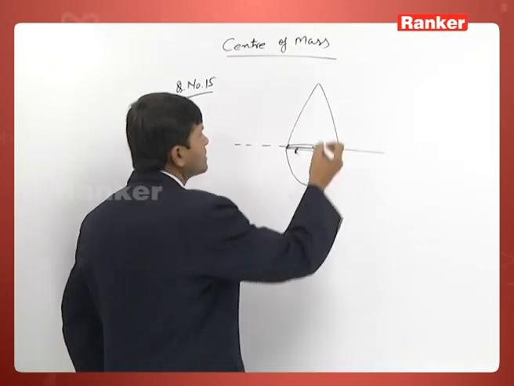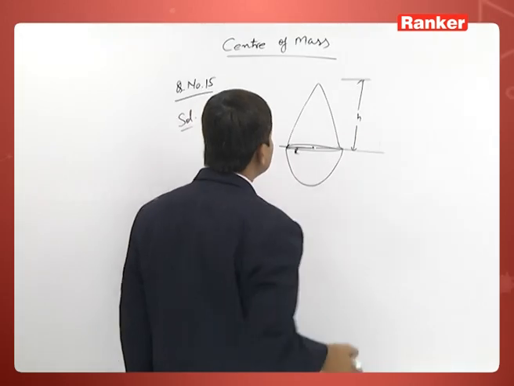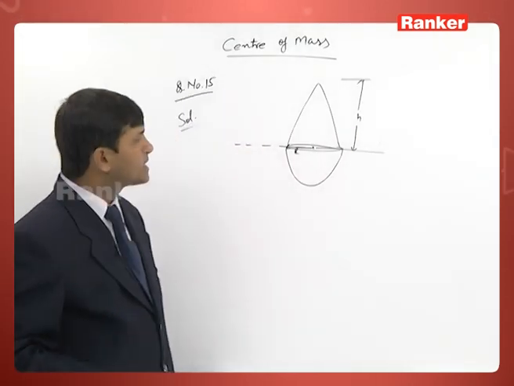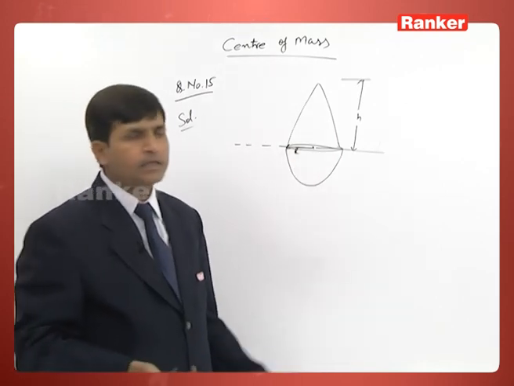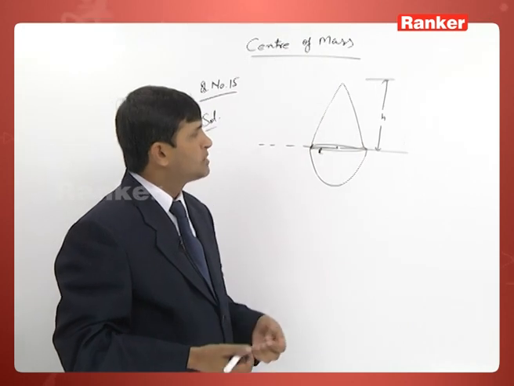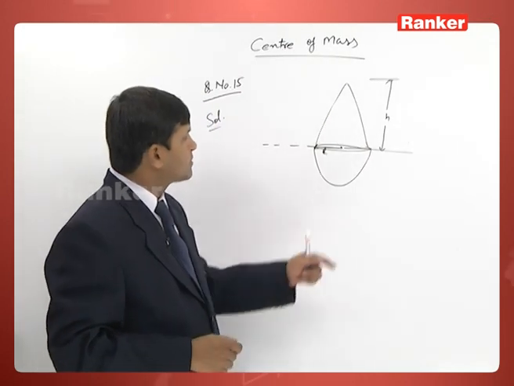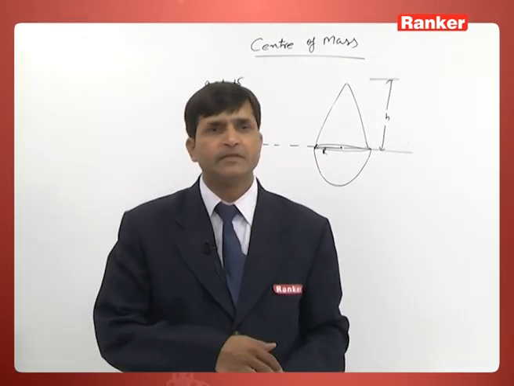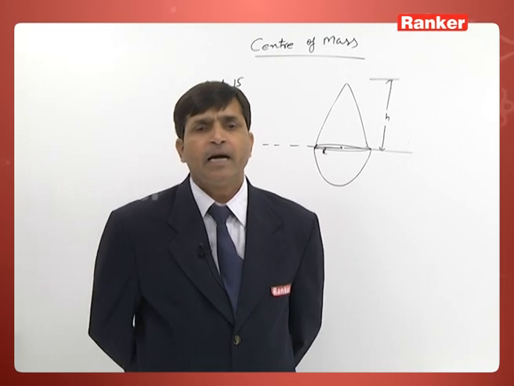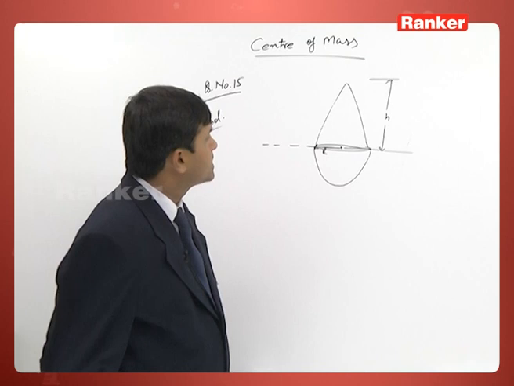Then what is the height of the cone? So they are asking the height of the cone, and it is given that they have the same mass per unit volume. See, first we will calculate the center of mass of the solid hemisphere and the center of mass of the cone.